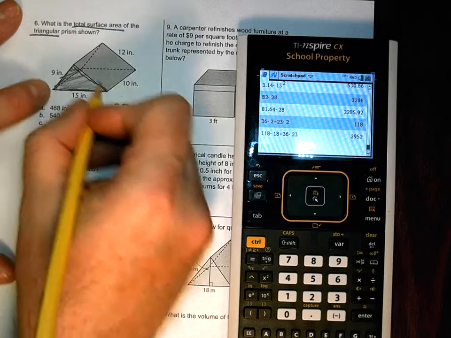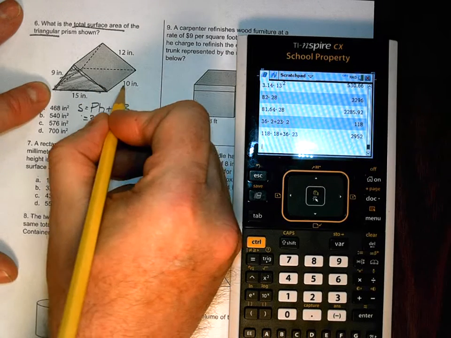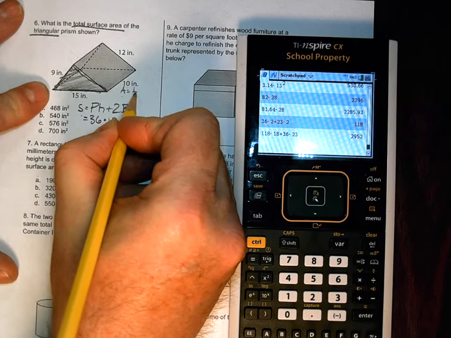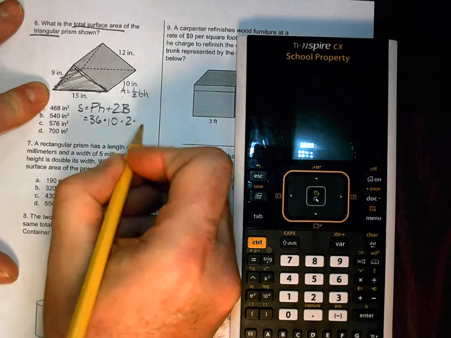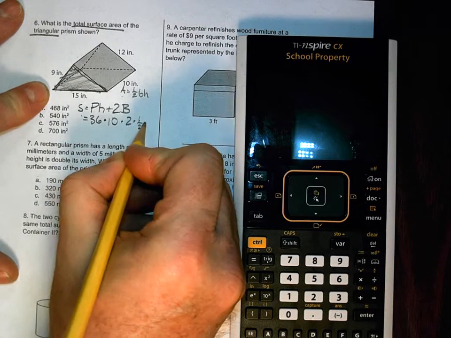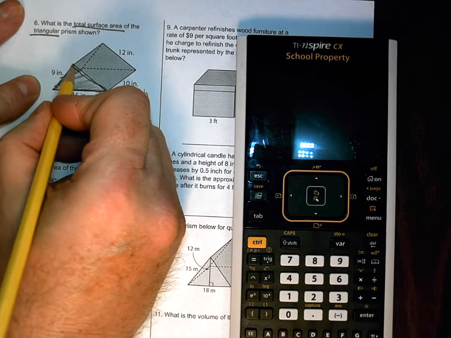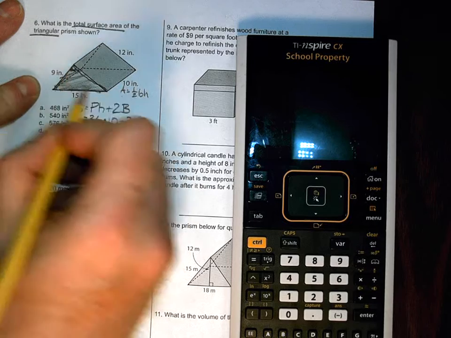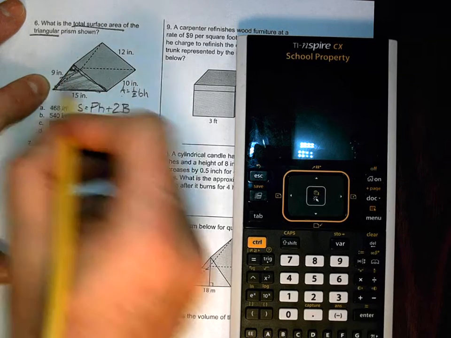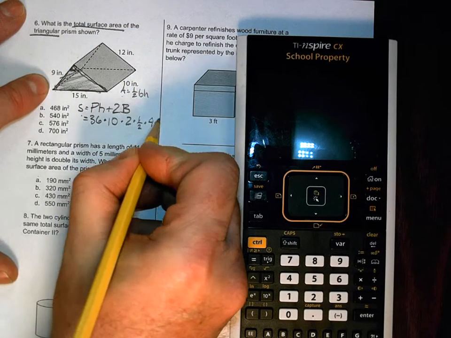Well, the area of a triangle is 1/2 base times height. So 2 times 1/2 times base. Anywhere you got the right angle, you can use either side. So I'm going to go with 9 as my base and 12 as my height. All I got to do is type this in now.